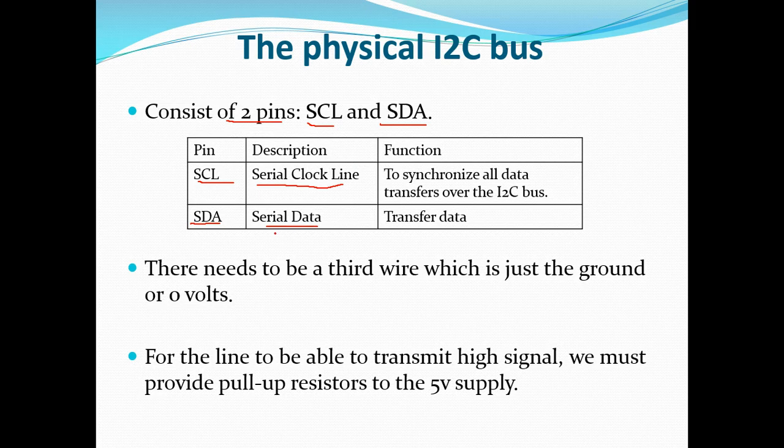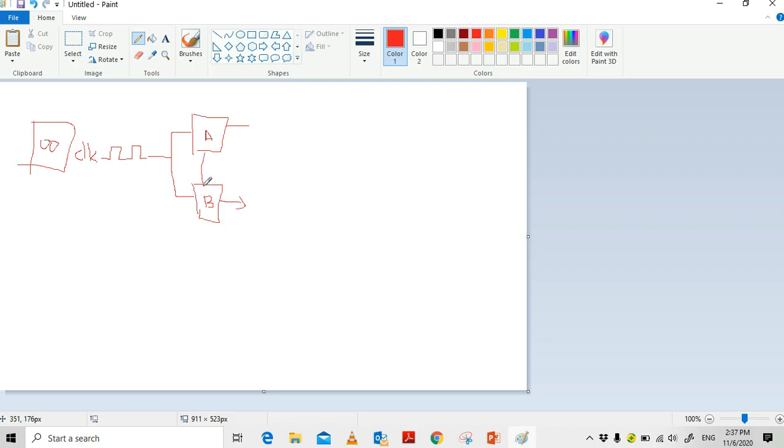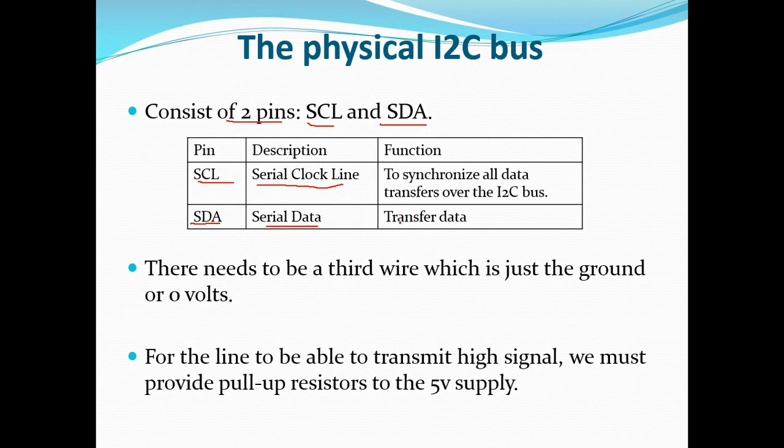And then you have serial data. That means the data from A and B must be serial. Data from A can be run at B, and data from B can be run from A and so on. That's why we call it serial data. Serial data transfers the data, and the clock line synchronizes all data transfer on the I squared C bus.